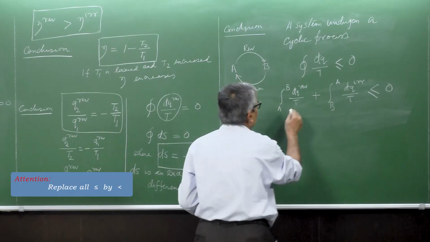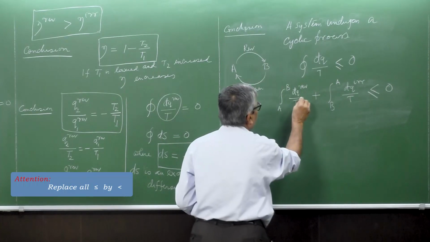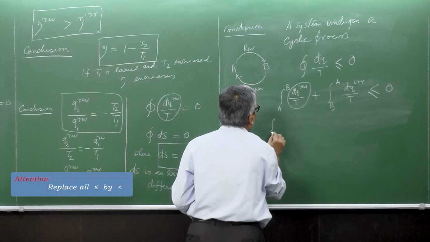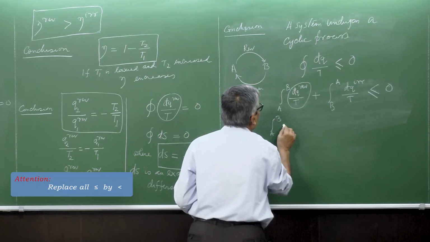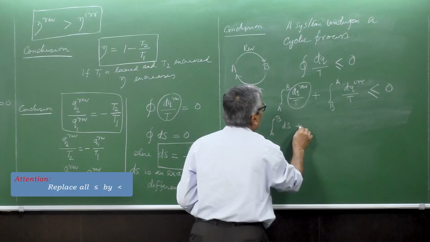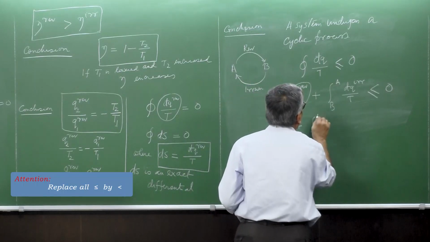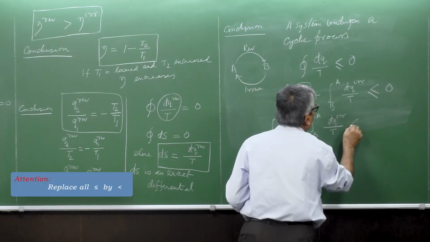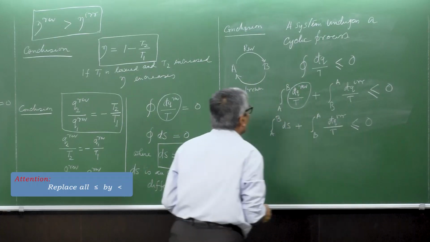Now, this quantity is basically dS. So A to B dS plus B to A dQ irreversible by T is less than or equal to 0.